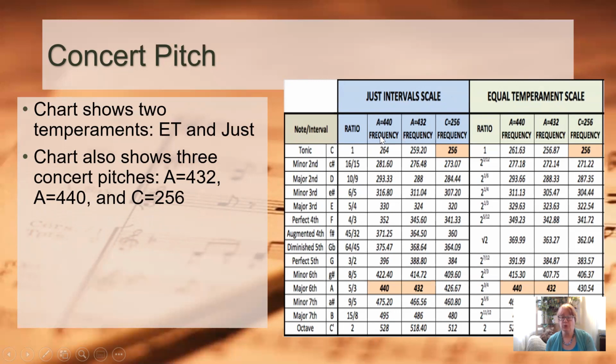We have a 440 concert pitch, a 432 concert pitch, and C equals 256. And you're going to notice if you look at the A, that's going to be closer to 426 concert pitch, which is slightly lower than 432. Interesting enough.